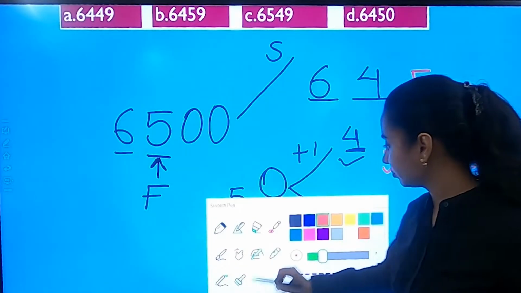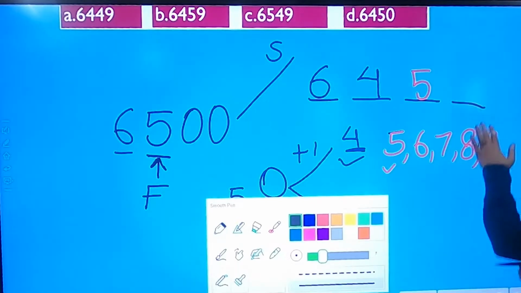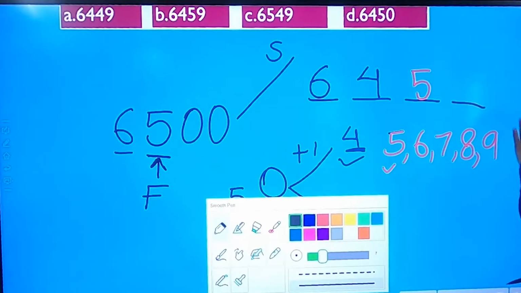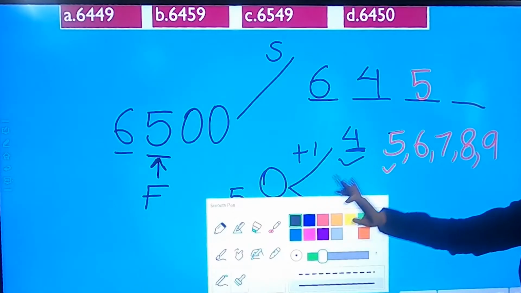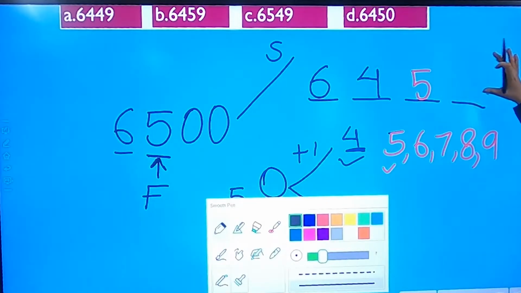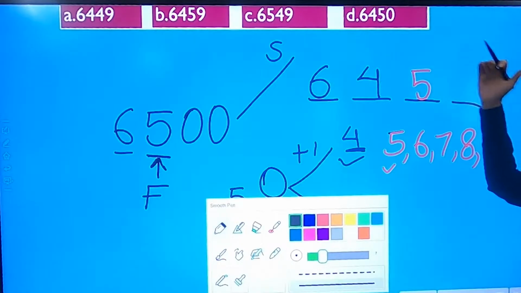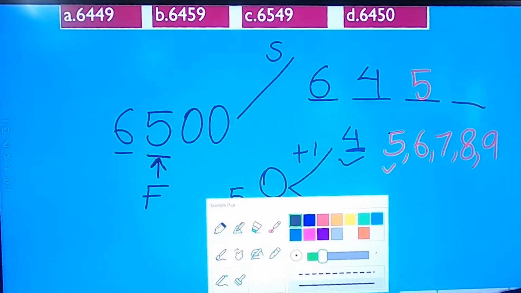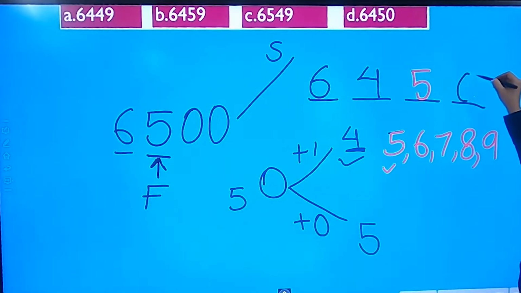We know that the digits further right have no significance to the rounding of the number. So, I will again choose the smallest possible digit from digits 0 to 9. Which is the smallest possible digit? It is 0.